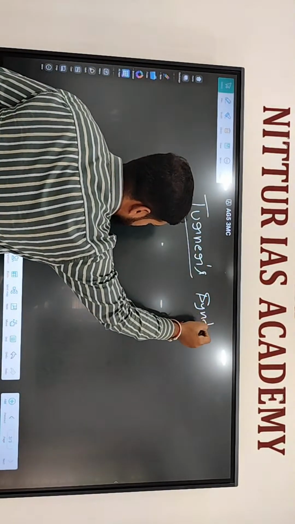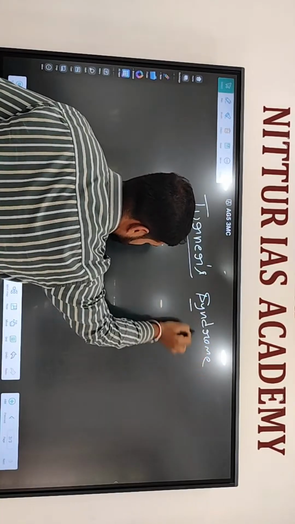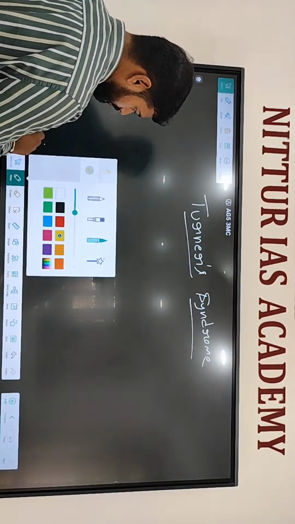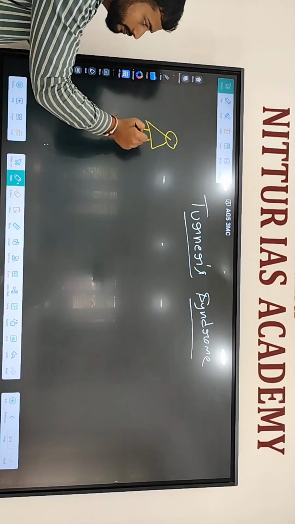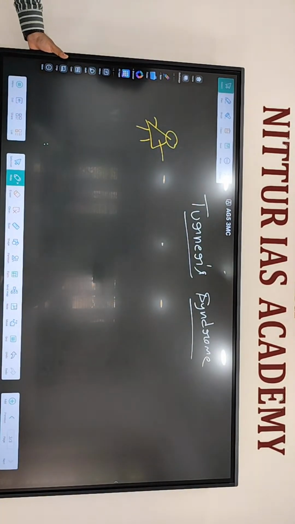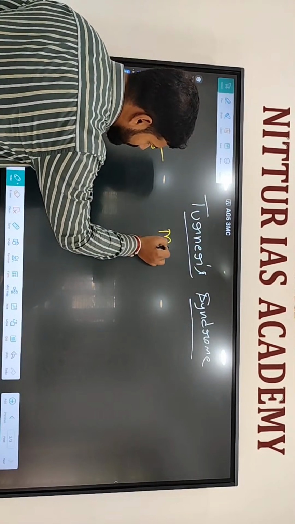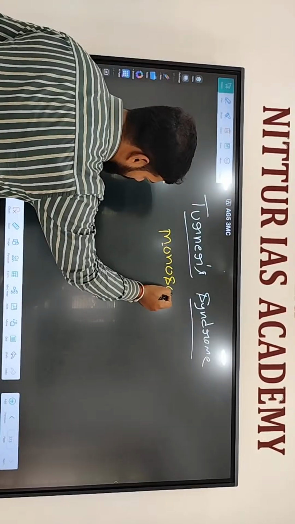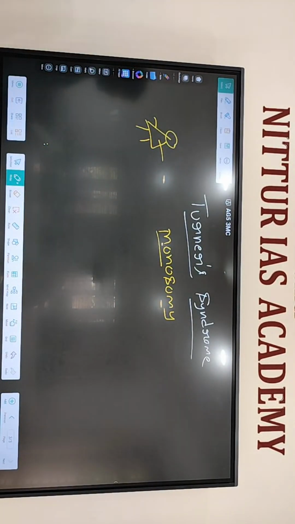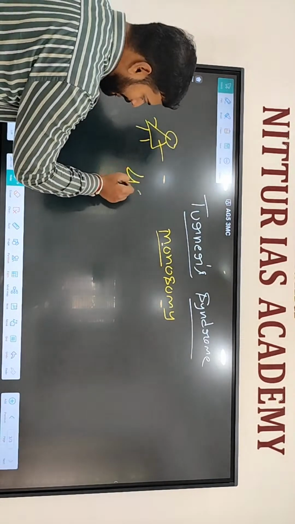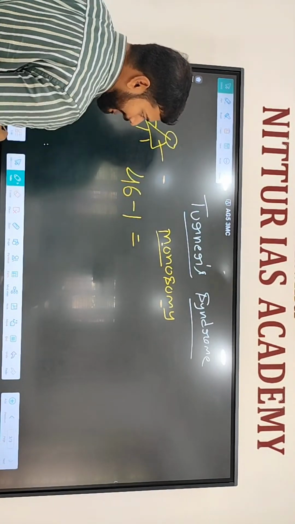Then Turner's syndrome, only found in females. This is also called monosomy. Mono means one, single, right? 46 minus 1, one chromosome is absent.